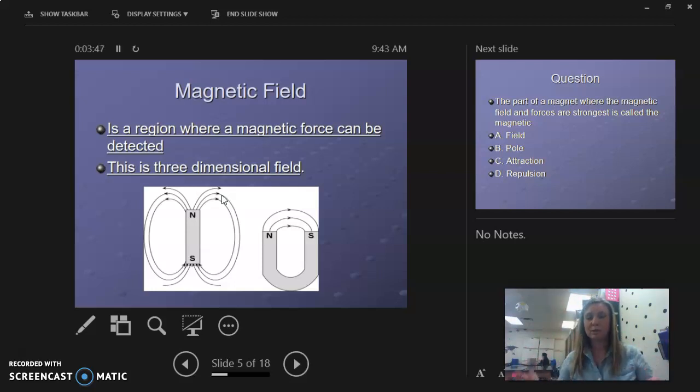So if you think once again of the Earth, and I'll show you a picture in a minute, it is circling around the whole Earth. The Earth is not flat, it is circular, and therefore the magnetic field is covering all aspects of it. So the region where the magnetic force can be detected is around our poles, and this is once again three-dimensional. It's going to envelope the whole thing.